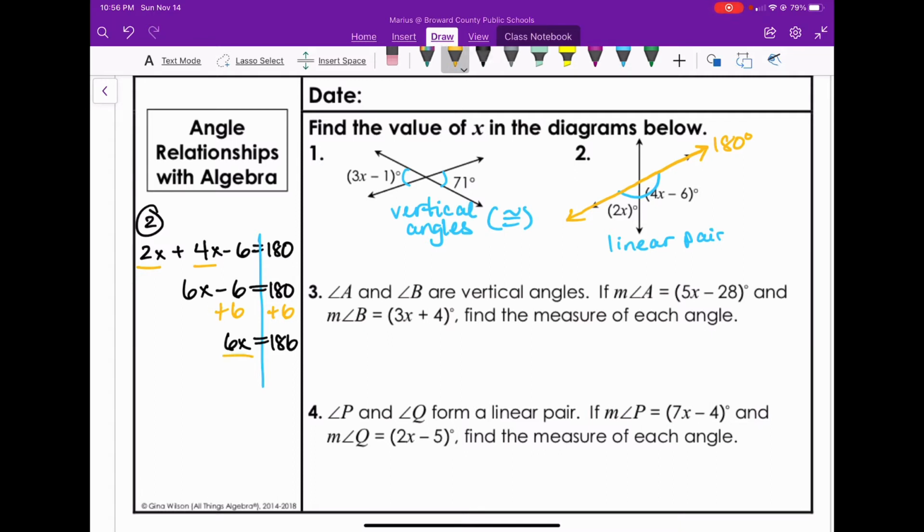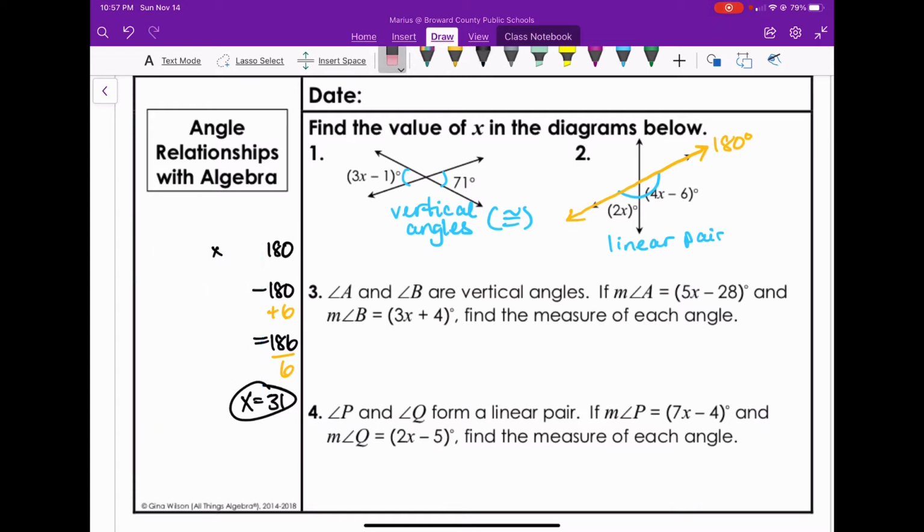And then divide both sides by 6. So 6 goes into that 31 times. So x is equal to 31. Okay. But the main thing there for number 2 is to remember that those are a linear pair. So that's how we set up our equation.